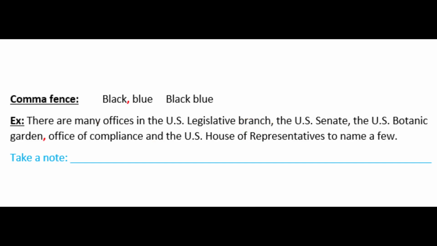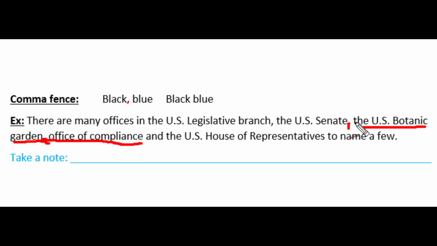Now, let's go back over here and assume in one of the ACT questions that maybe they have this comma removed here. Okay, so there's no comma, and there is a comma here after U.S. Senate. That means that the U.S. Botanic Garden Office of Compliance. You see how that kind of feels like it potentially could go together?